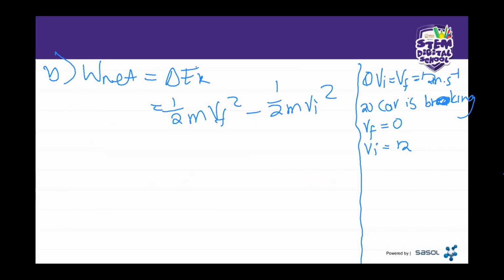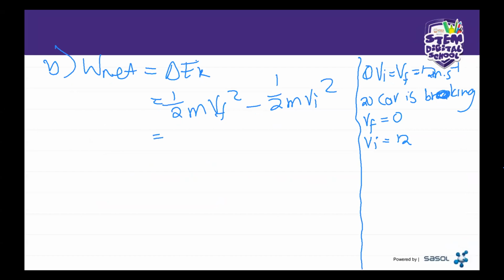Okay, so we come back to the formula now. We're going to substitute what we now know. Half times 800 times our final velocity, which is 0 like they've already told us, minus half times 800 times 12 squared.